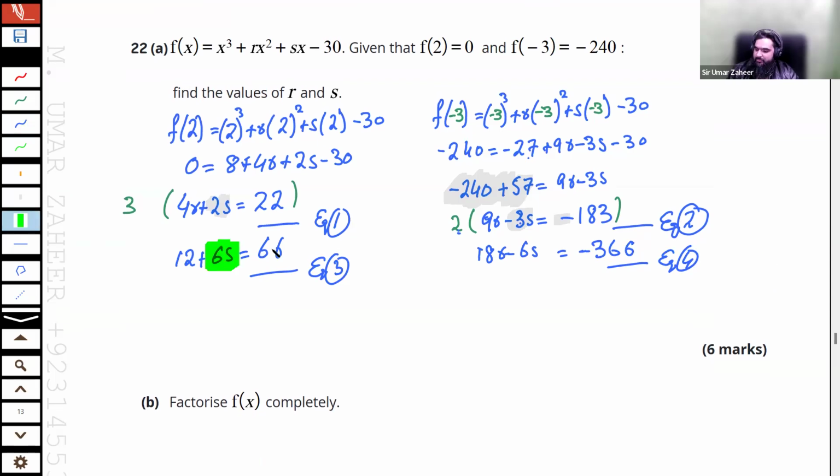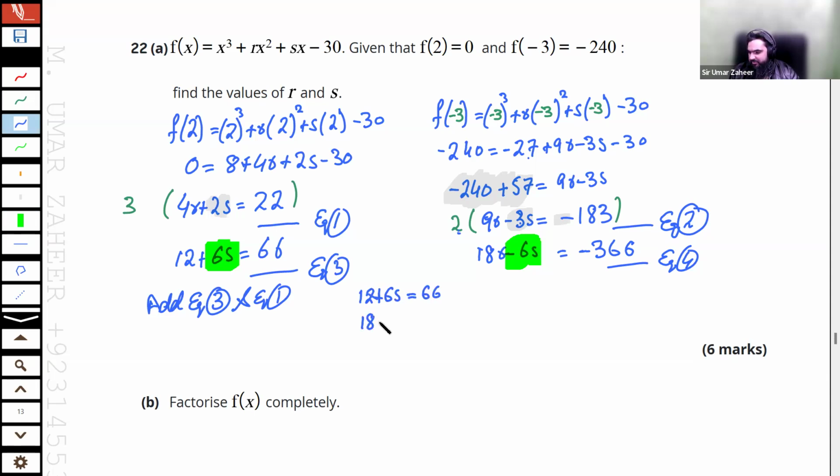Okay, now we have this. Now we have the same coefficients, so do I need to add the equations or subtract the equations? They have opposite signs, so we'll add equation 3 and equation 4. Equation 3 is 12r plus 6s is equal to 66.